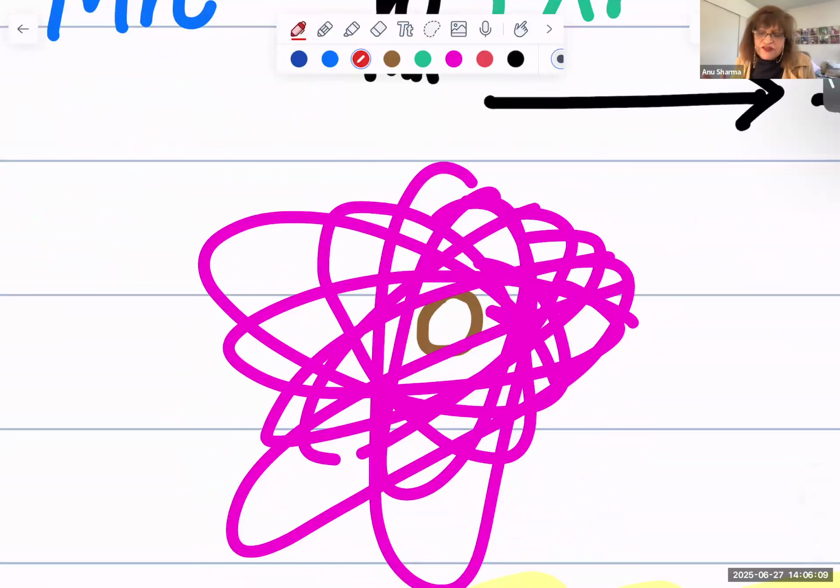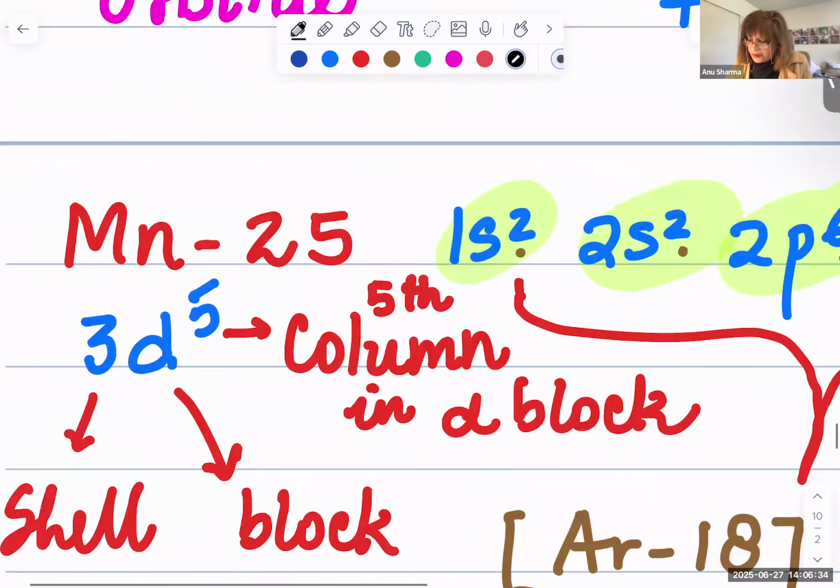So the nucleus sees S more than P, P more than D, and D more than F. But nonetheless, the electrons are always spinning, rotating, revolving in their orbits. Sometimes they're close to the nucleus, sometimes they're further away in their energy level.